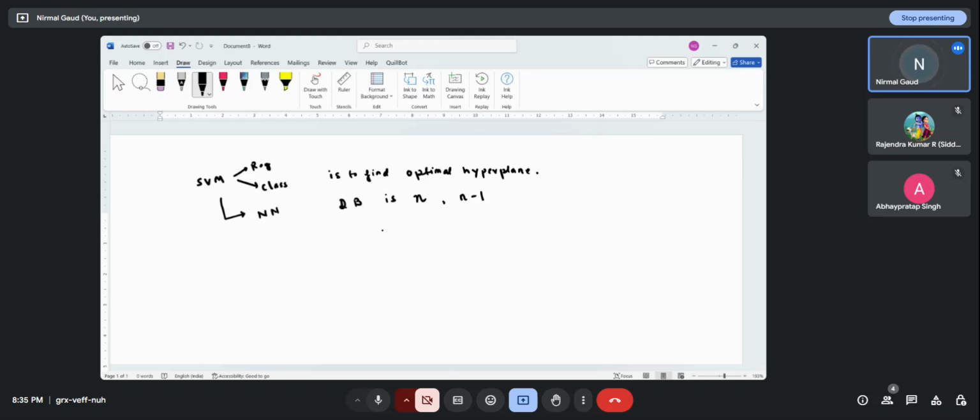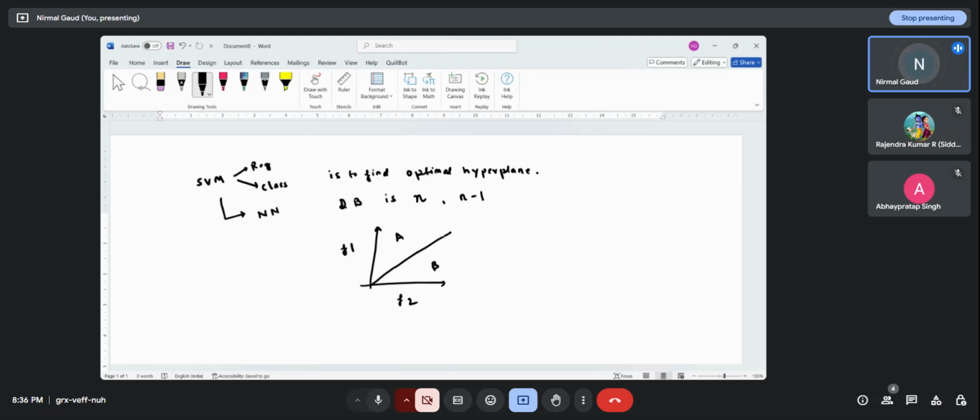Okay, so if you have 2D data, a 2D representation, this is how you can represent the classes. For example, this is F1, this is F2, these are the two features, and this is class A and this is class B, so you can separate it with a line.